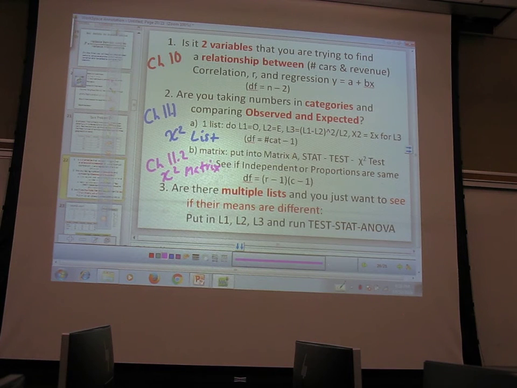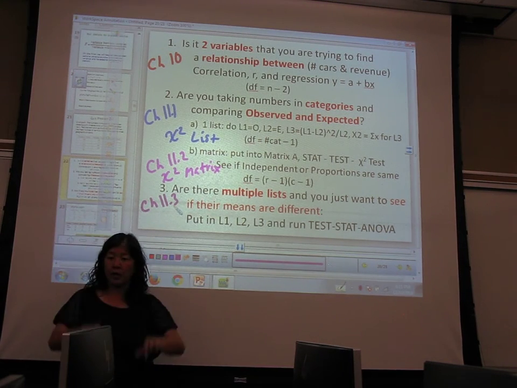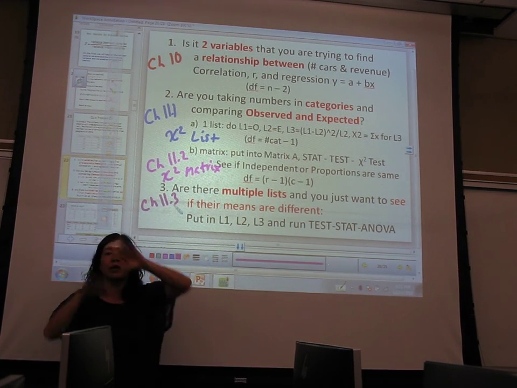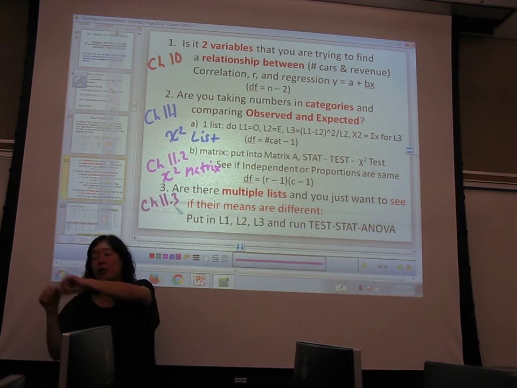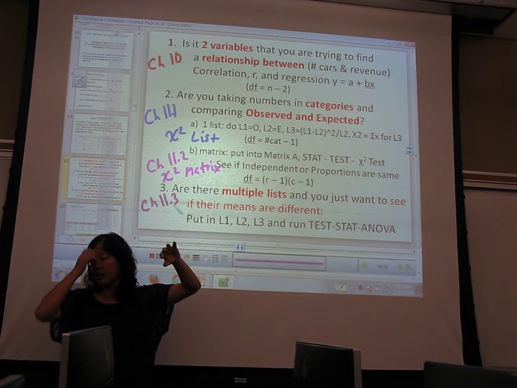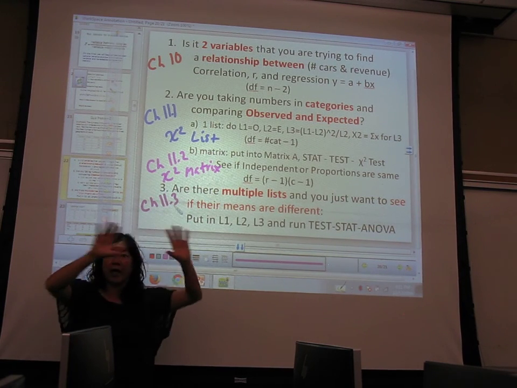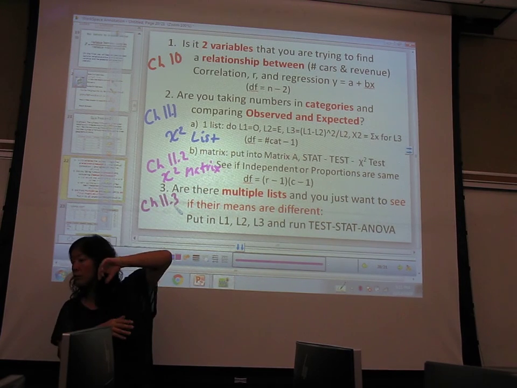And the last one is multiple lists that are means. You have means, and you have three or more lists. The lists can go this way or that way, but you're only going to have categories in one spot, not both.